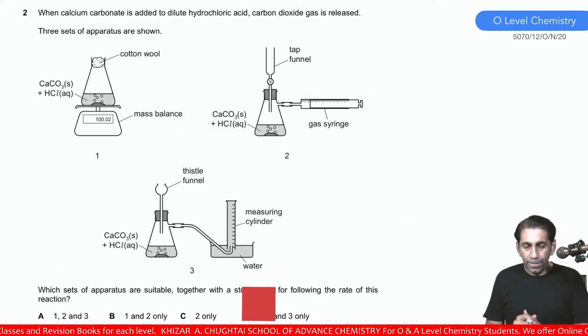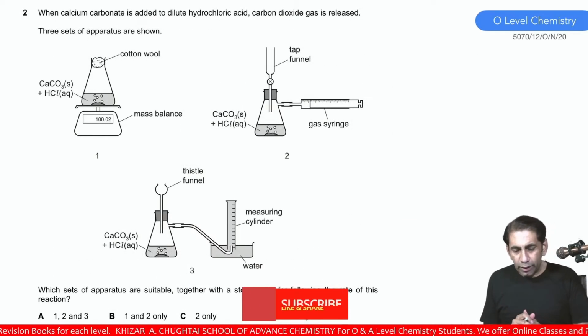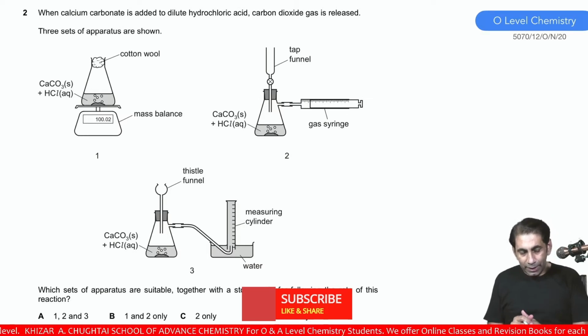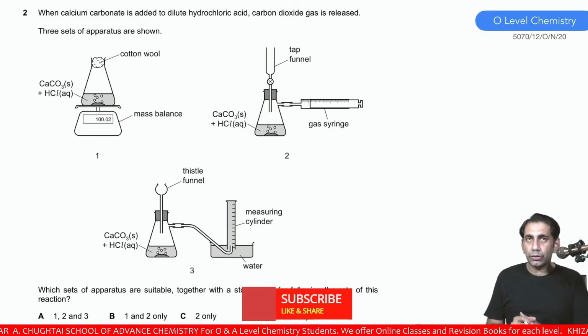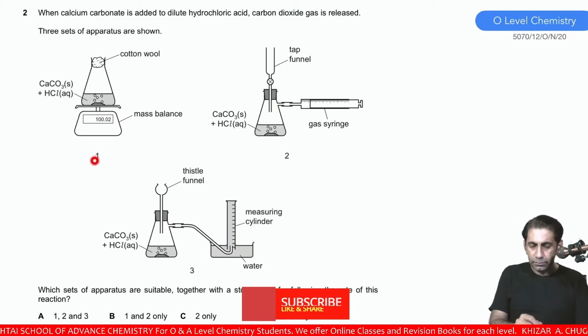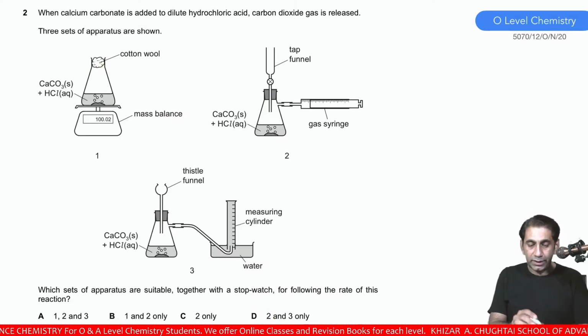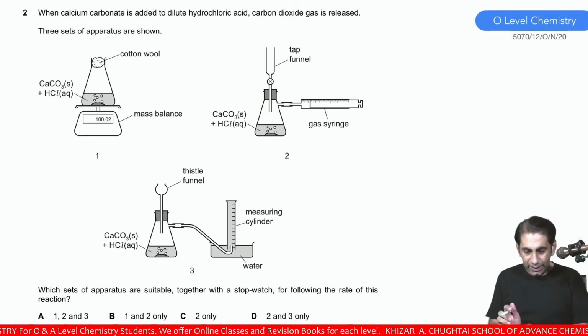Question number 2. When calcium carbonate is added to dilute hydrochloric acid, carbon dioxide gas is released. Three sets of apparatus are shown. Set number 1 has a mass balance with cotton wool, which allows the escape of carbon dioxide gas.